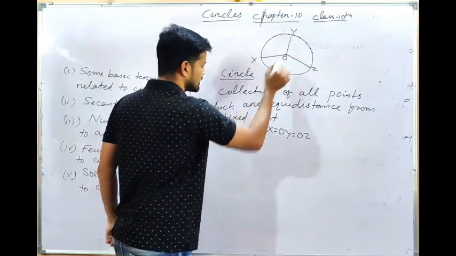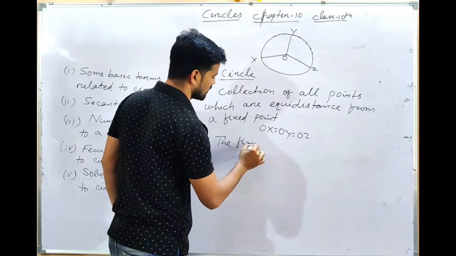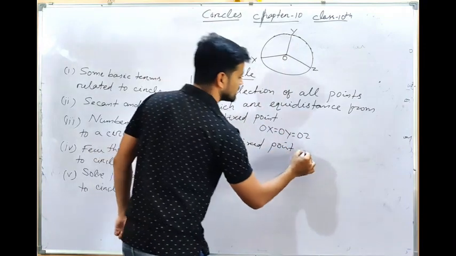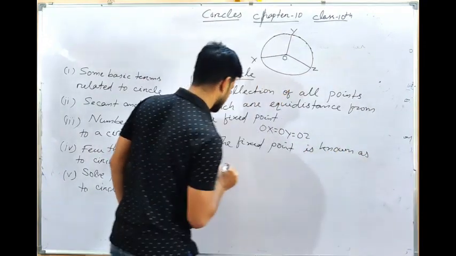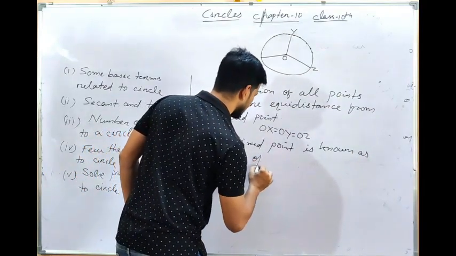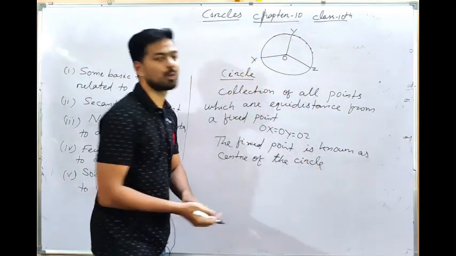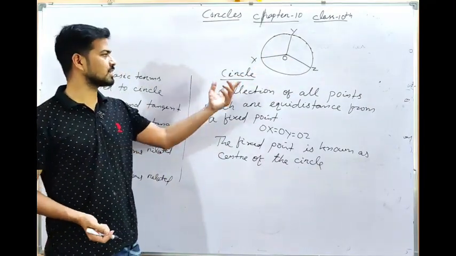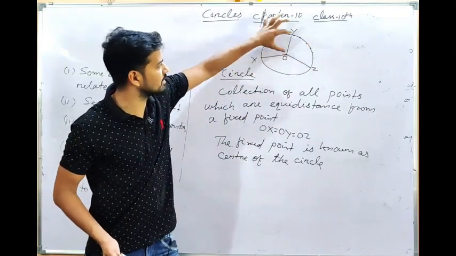Now this fixed point is known as the center of the circle. So first, what is a circle? It is the collection of all these points which are equidistant.